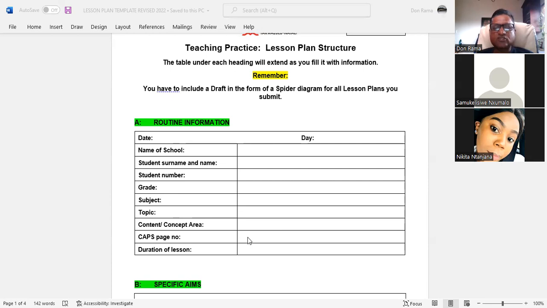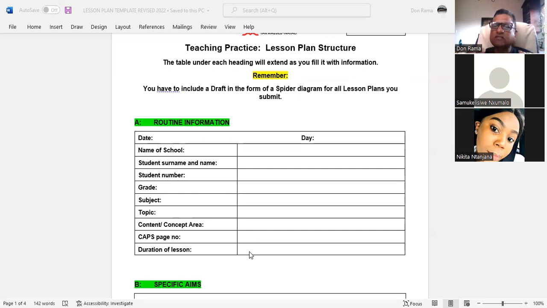Then CAPS page number, where is this topic in the CAPS document, right? And the duration of the lesson. Now, the one lesson that you are teaching will normally last 1 hour, right? It cannot be 3 hours, 2 hours, and things like that.